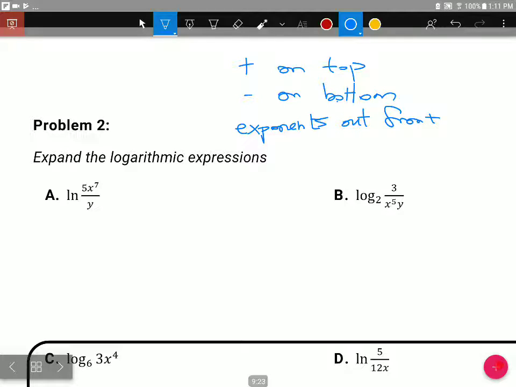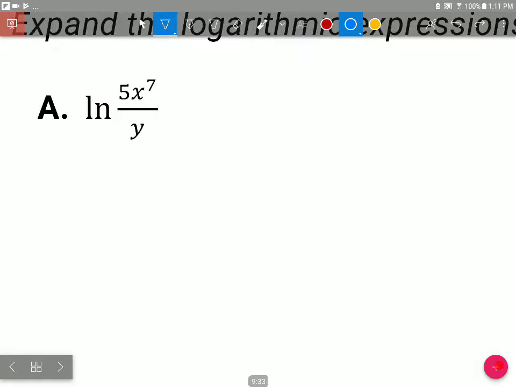So I'm going to break this into 3 different logs really quickly. The 5, that's on top. So is it positive or negative? Positive. So we're going to go ln of 5. The x, should it be positive or negative? Positive. But I'm going to go positive 7 ln of x.